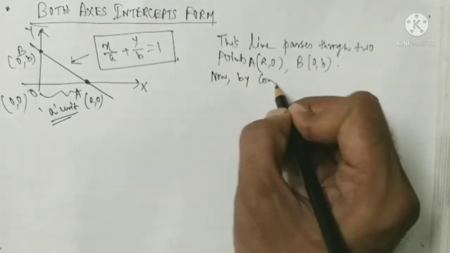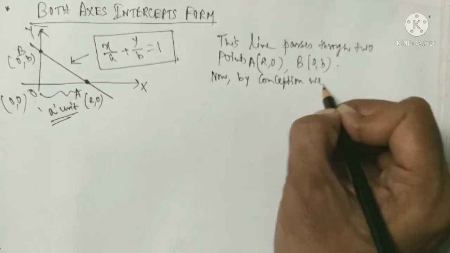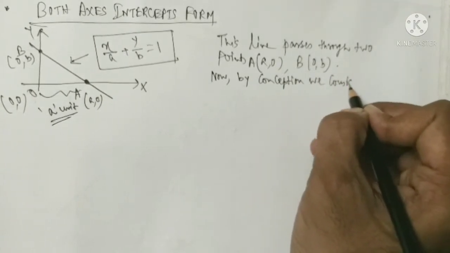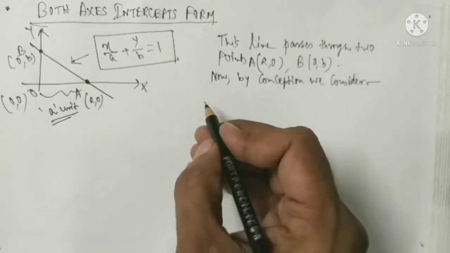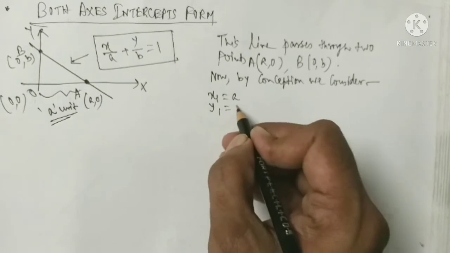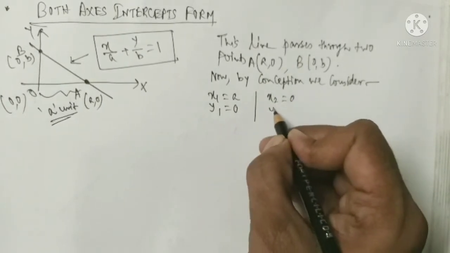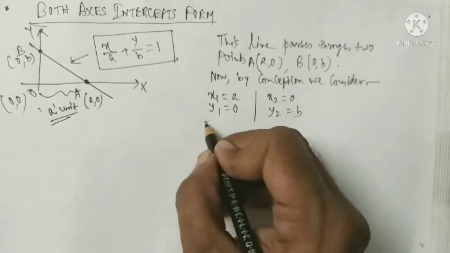By conception, we consider x1 = a, y1 = 0, x2 = 0, y2 = b.